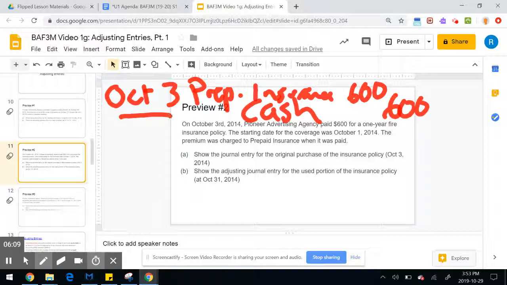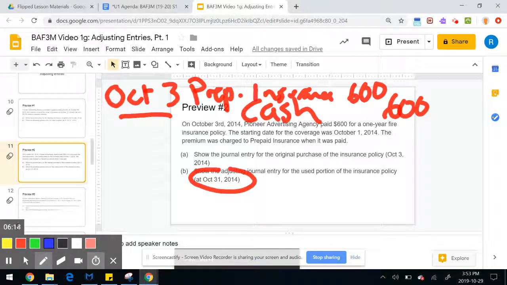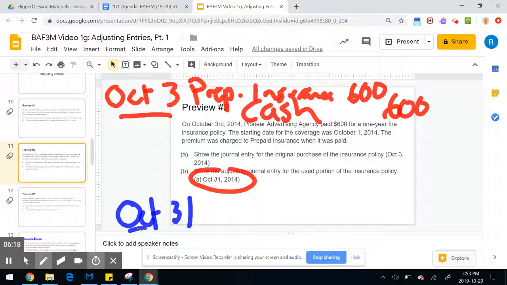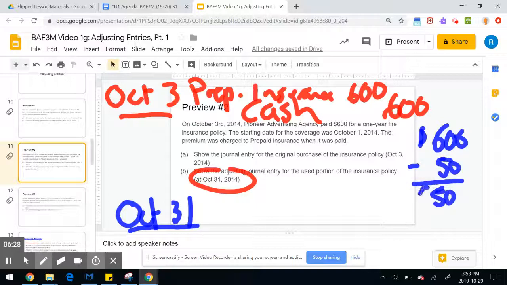At the end of the month, we're going to make an adjusting entry. Here's what it's going to look like. It's a 12-month policy that was worth $600, and we've used a month of it. So the new value of prepaid insurance on the new balance sheet should look like this.